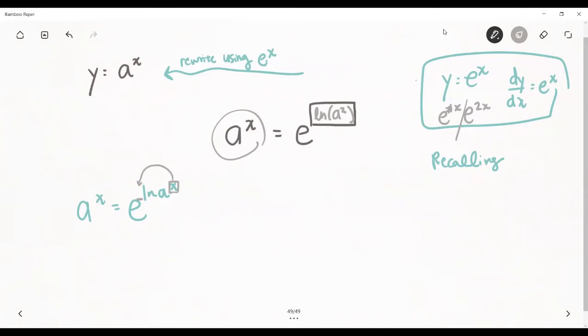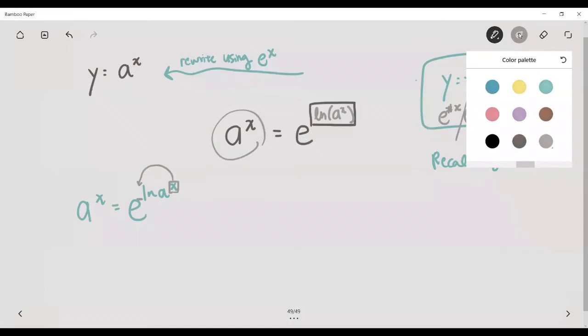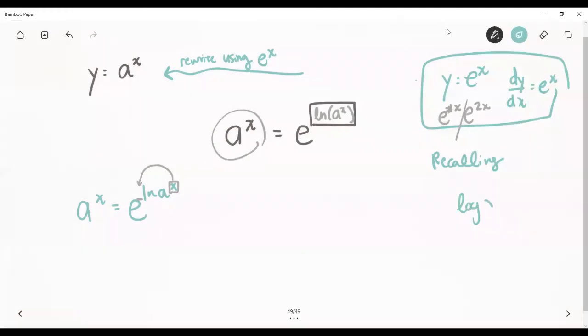And the answer is yes, because if we think about our properties of logs, we know that log of x to some power is the same thing as if we bring this power down, right? Because logs and exponentials are inverses, so logs do undo exponents no matter what, in the sense that the exponent doesn't stay up in the exponent.